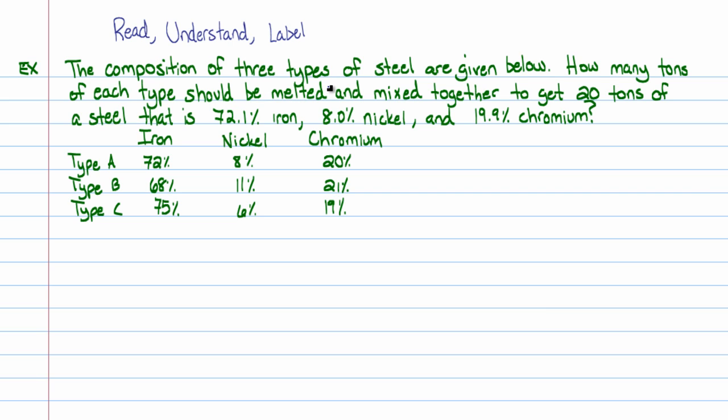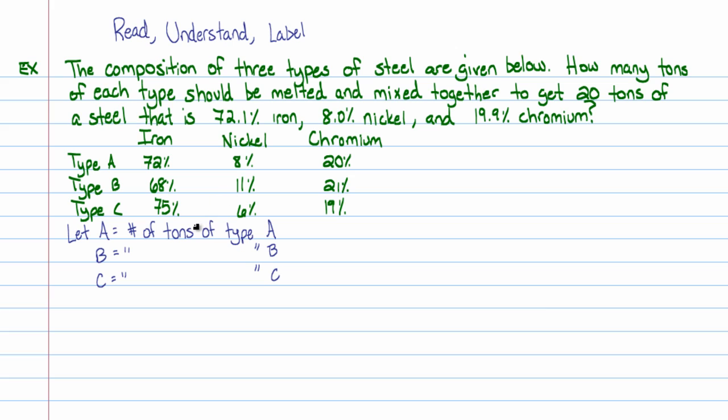How many tons of each type? There's three types, type A, B, and C. So I will let A equal the number of tons of type A that we use. And you get the idea for the rest of the variables. B is just the number of tons of type B we're going to use, and C will be the number of tons of that type C steel.